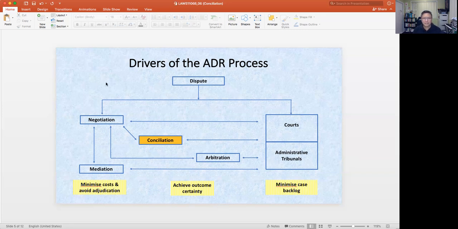So parties, if they want to minimize the costs and avoid adjudication, meaning avoid getting somebody to make a determination or judgment in relation to their dispute, they'd be better off just negotiating and mediating their dispute. However, if negotiations and mediation fail, they may not have a choice but to go to the courts or to the administrative tribunal, depending on the nature of the dispute.